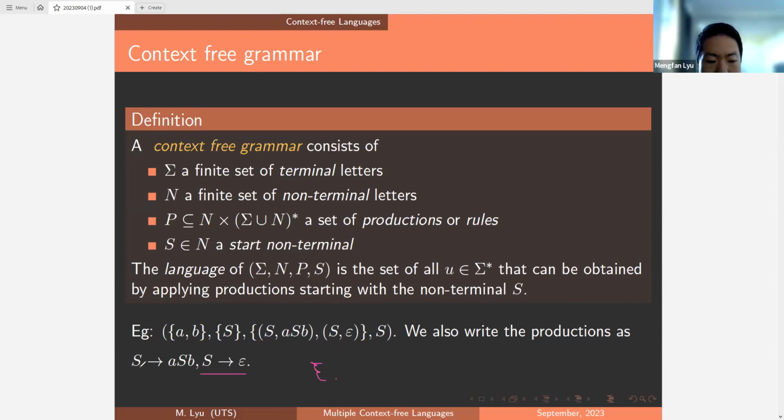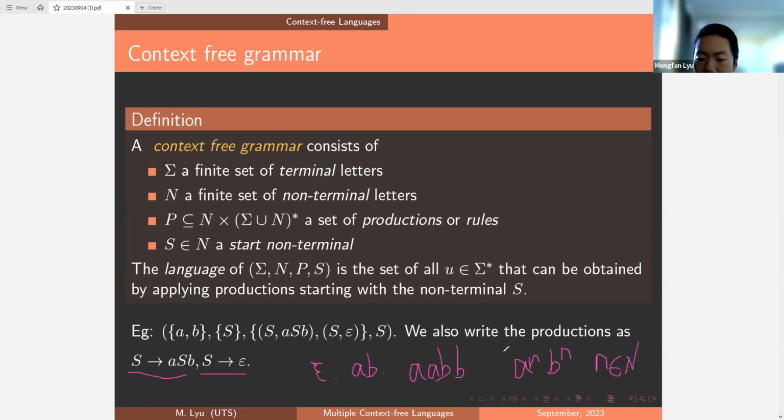Or if we use the first rule once and the second rule once, we get the word A B. If we use the first rule twice and then the second rule, then we get A A B B. So to summarize, using this grammar, we will get words like A to the n, B to the n, where n is a natural number.